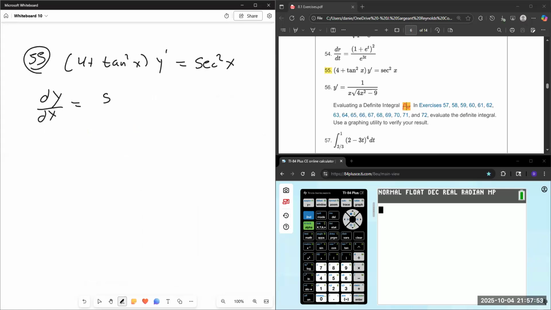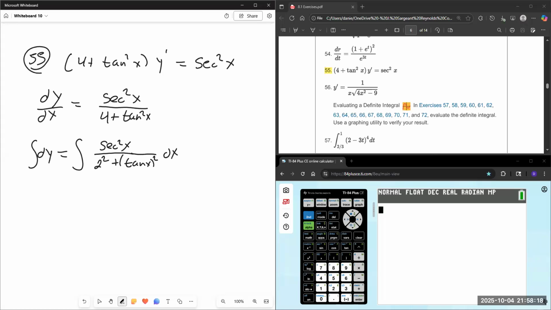That's going to be equal to secant squared x over 4 plus tangent squared x. dy is equal to secant squared x over 2 squared plus tangent of x quantity squared dx, where u is equal to tangent of x. du is equal to secant squared x dx.